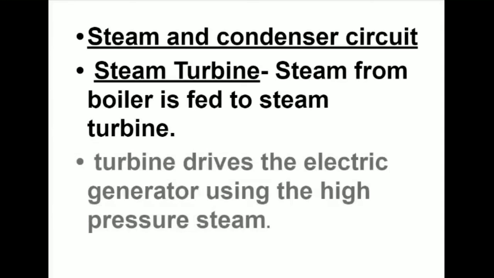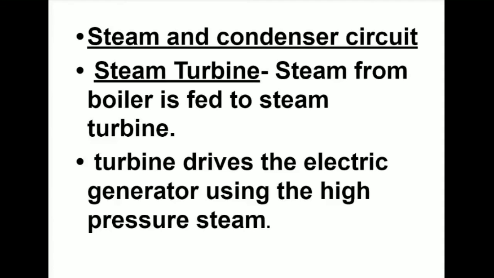Then steam and condenser circuit. Steam turbine is used to drive the generator. So steam from the boiler or steam generator is supplied to the steam turbine.